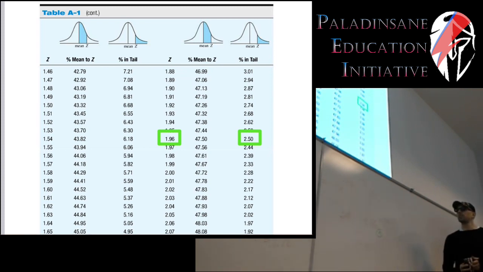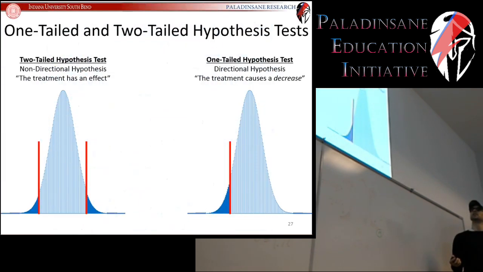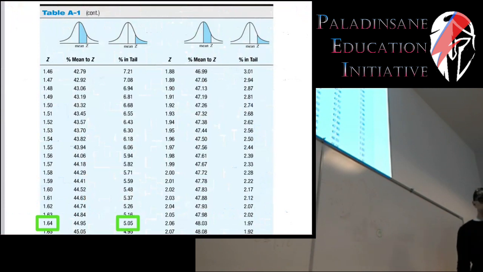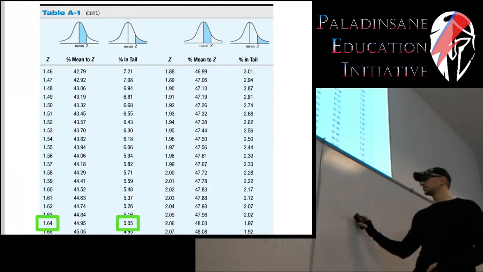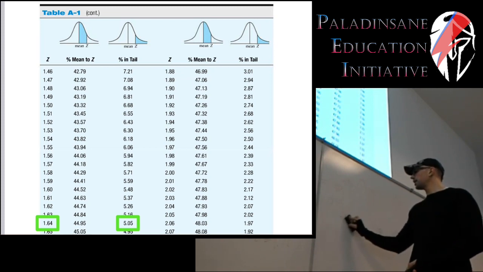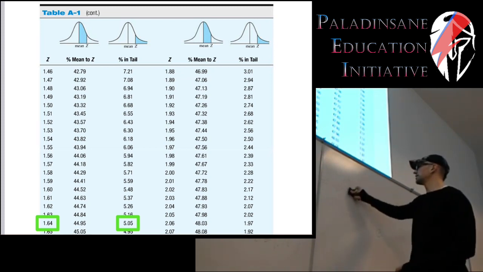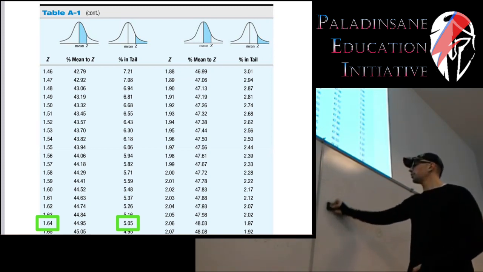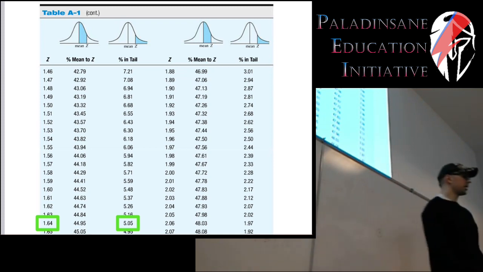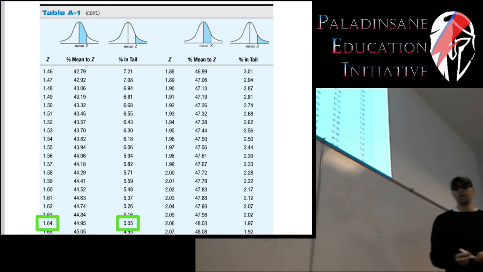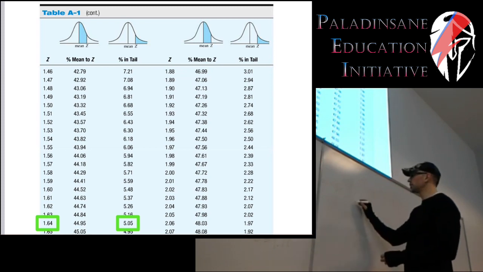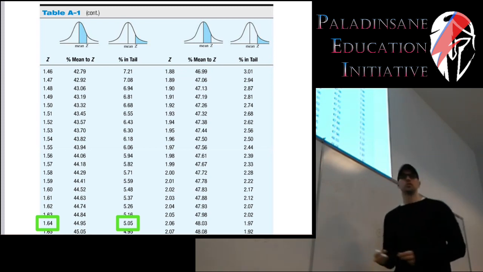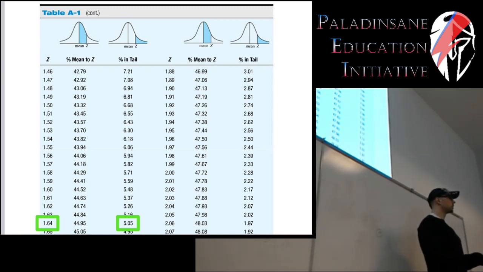Now, if we had the opposite kind of test, if we were doing a one-tailed test, which is what I had here, then we don't have one of the tails. If all we were trying to test is, is there a preference for the terry cloth mother, a directional question, do they spend more time with the terry cloth mother?